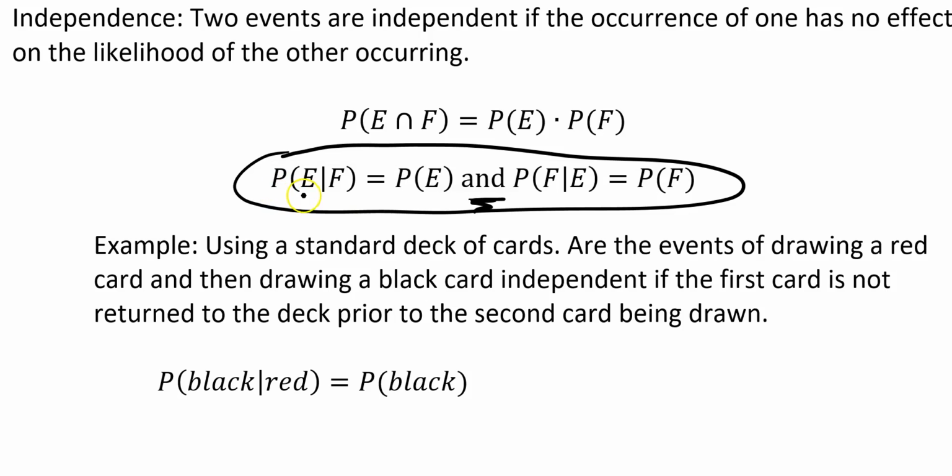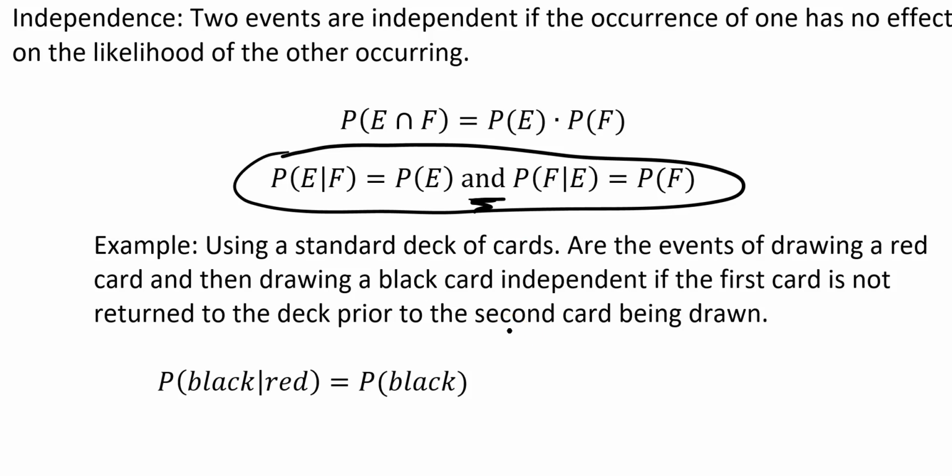The probability of E given F must equal just the probability of E. And the probability of F given E must equal just the probability of F. I'm going to use this second set of equations to show us that in fact our example that we were working with is definitely not an independent situation.